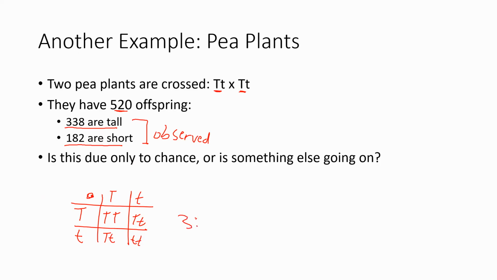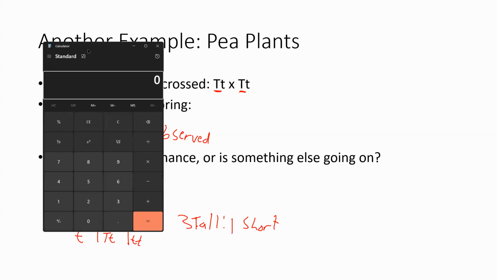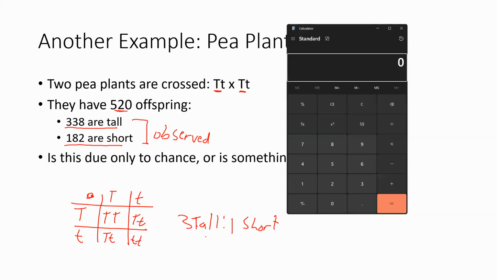So we end up with 3 tall to 1 short. Okay? So 3 to 1 ratio. So we're expecting 3 times more tall plants than short plants. Okay? We have a total number of plants of 520. So we need this 520 in this ratio of 3 to 1.